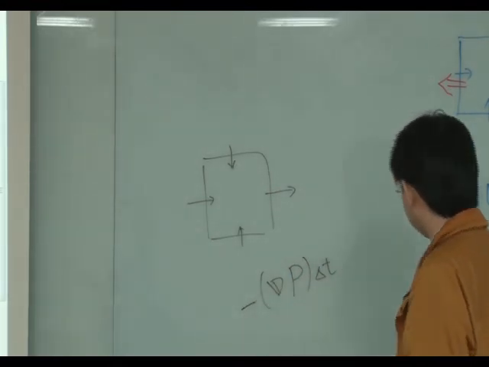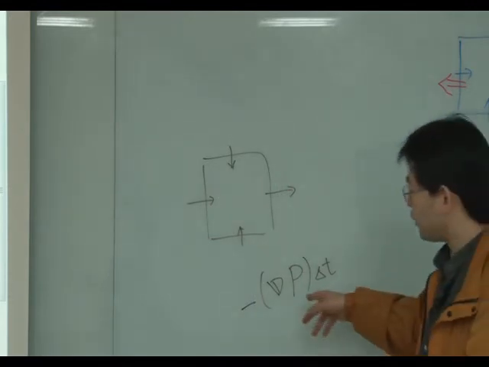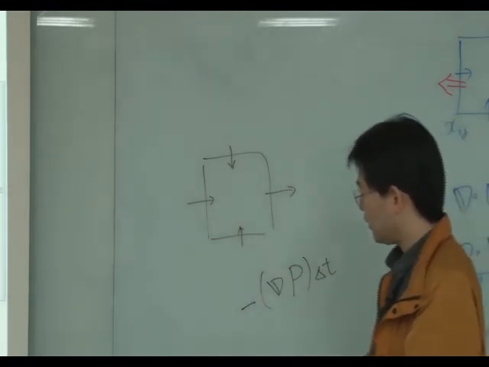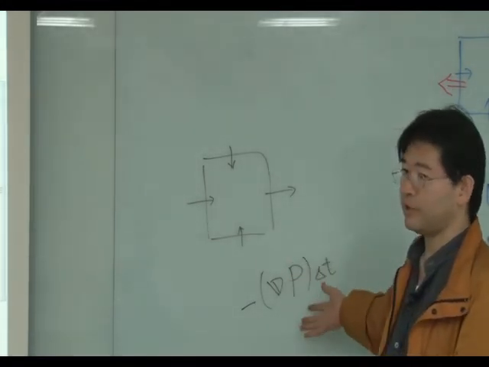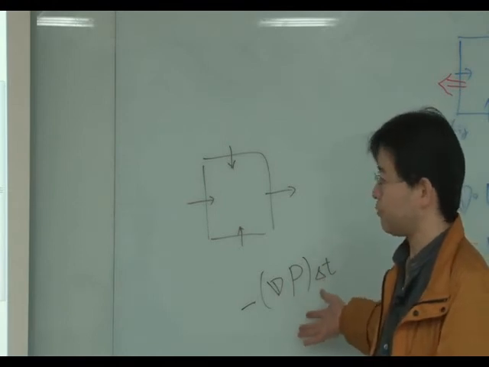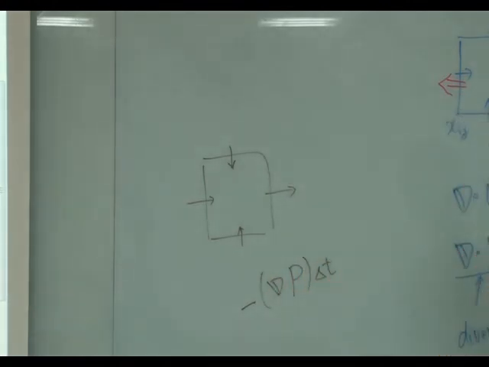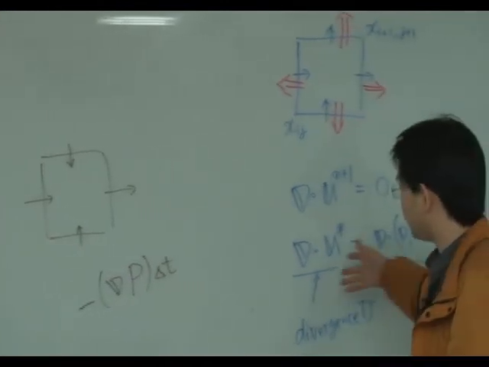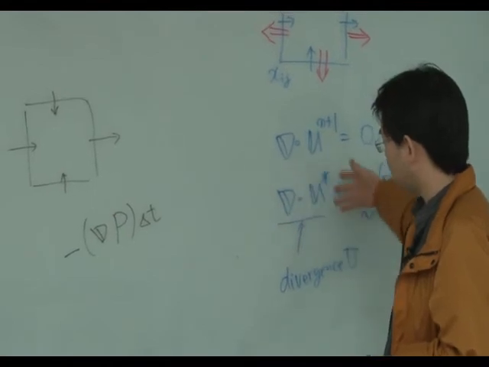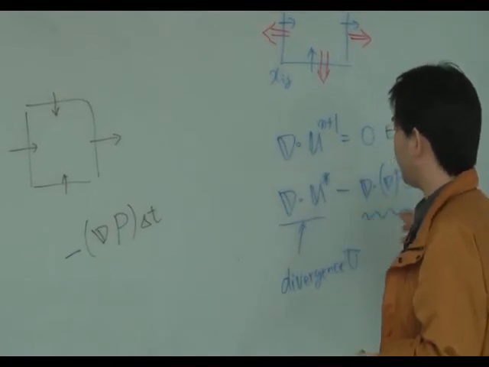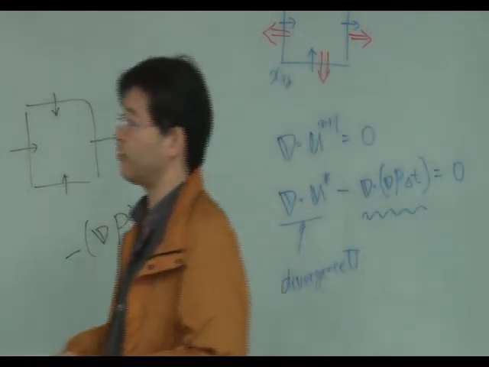So we can calculate the divergence of velocity change of this one. And if it cancels the already evaluated divergence of predicted velocity, it will satisfy the total divergence-free condition.